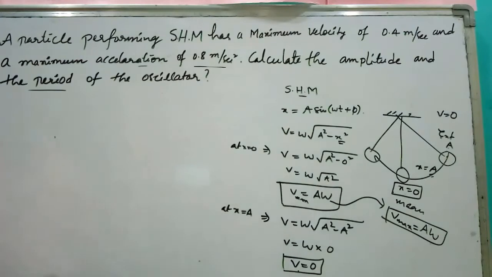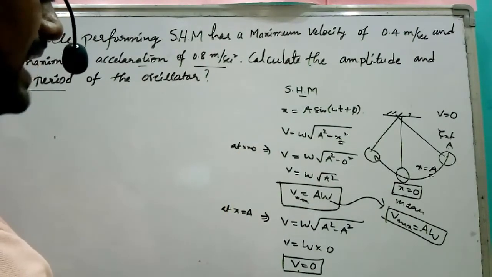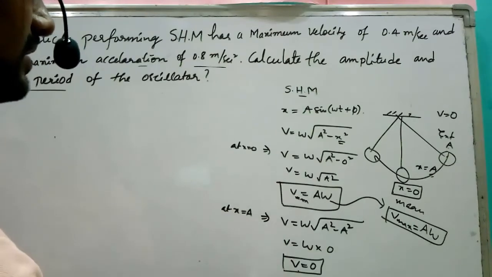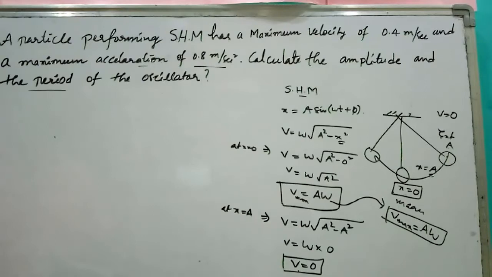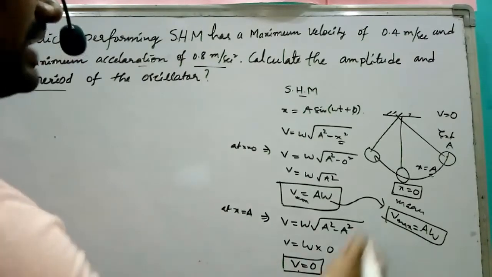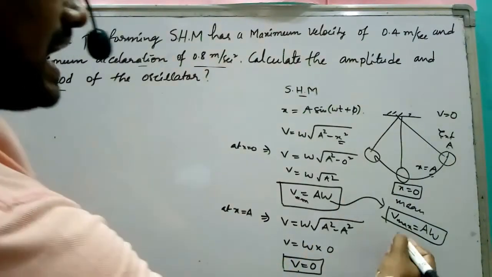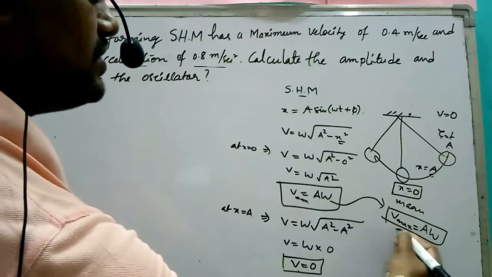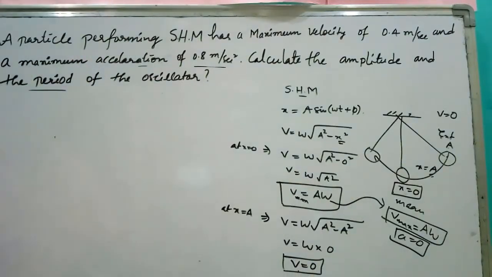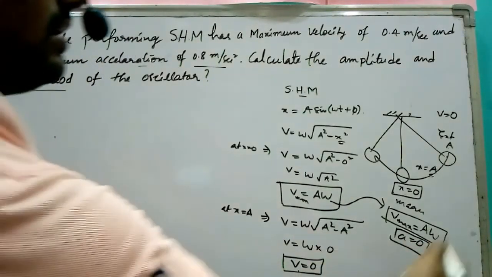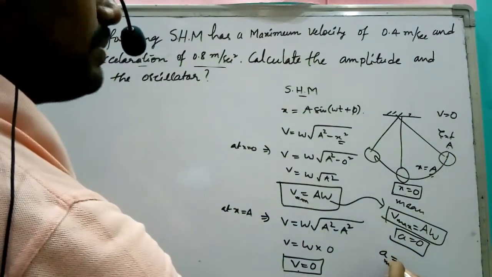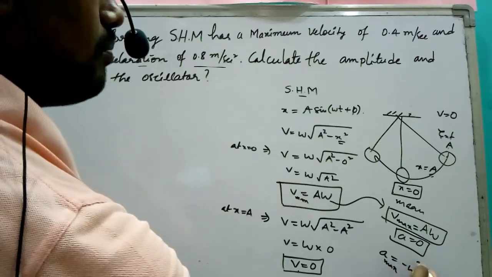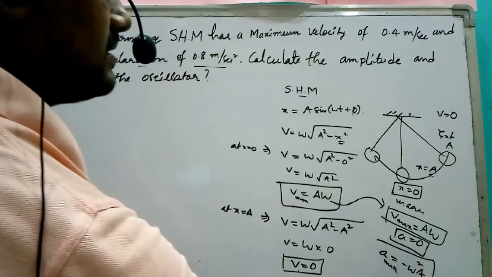Next, now we find the acceleration value. Already we know that the acceleration of the oscillator is minus omega square x. When we put x equal to 0, the acceleration at the mean position is 0. If we put x equal to a, the maximum acceleration formula is minus omega square a.